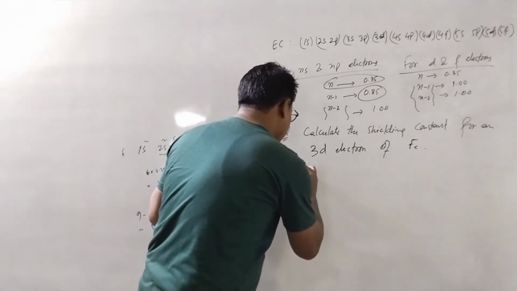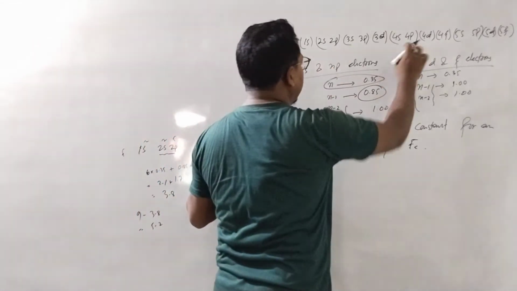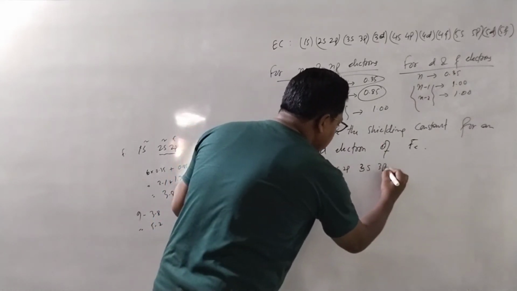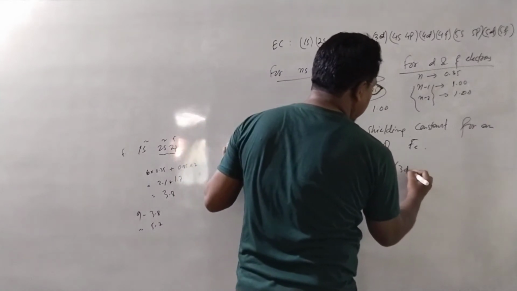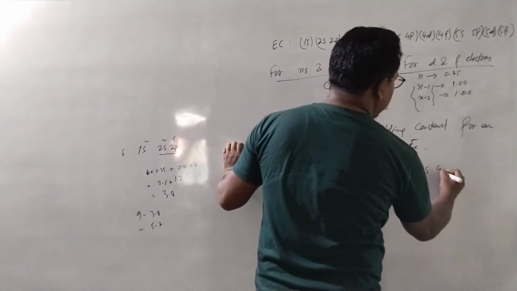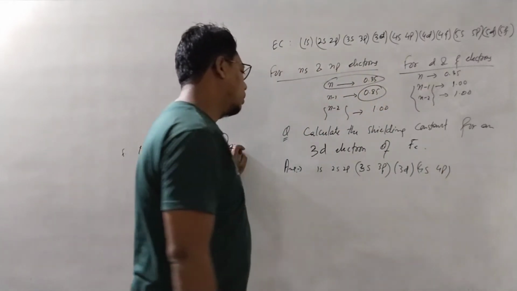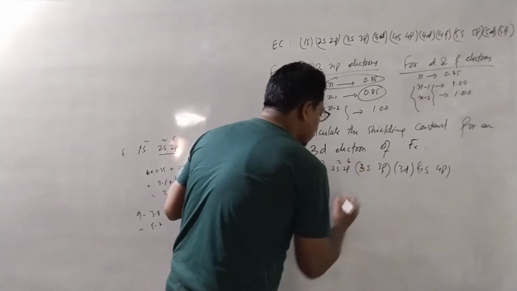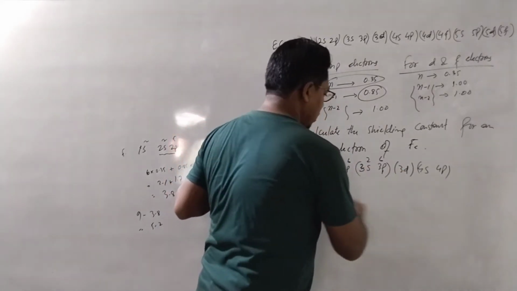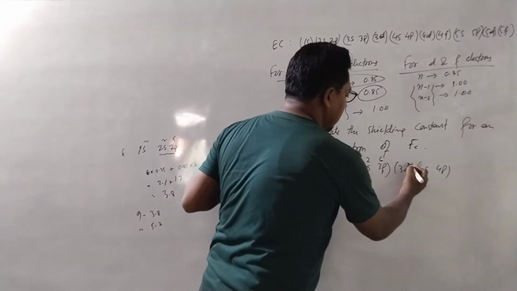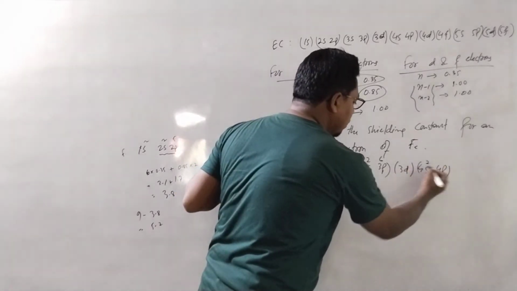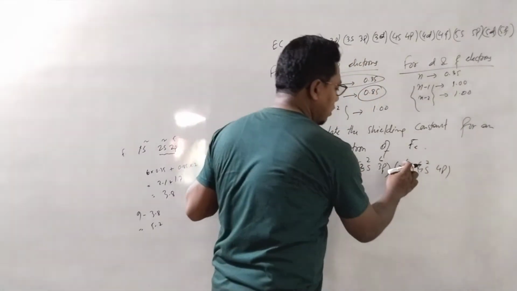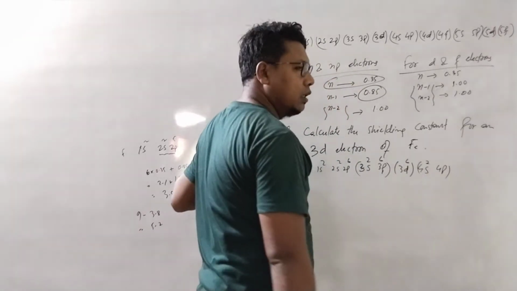For this we must write the electronic configuration first in this order: 1s, 2s, 2p, 3s, 3p, 3d, 4s, 4p, right? Iron has 26 electrons: 2, 2, 6, 2, 6, this is 18, then 20 here, this is 6. So these 4s electrons do not shield the electrons in 3d subshell, right?